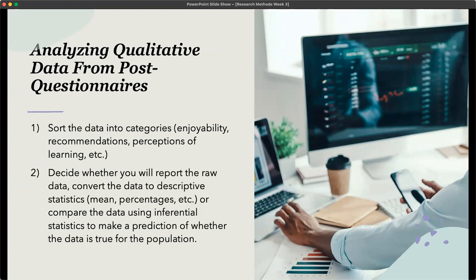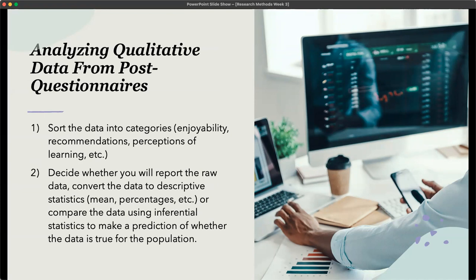And decide whether you will report the raw data or convert the data to descriptive statistics, the mean, the percentages, standard deviations, or compare the data using inferential statistics to make a prediction of whether the data is true for the population that it represents.